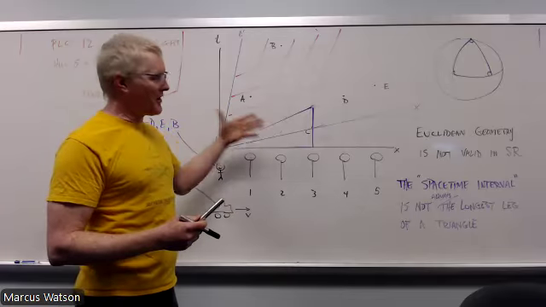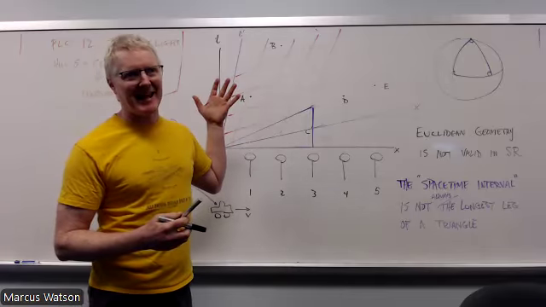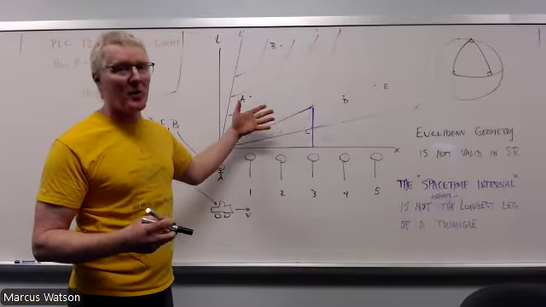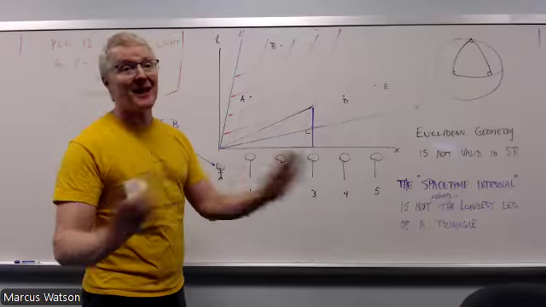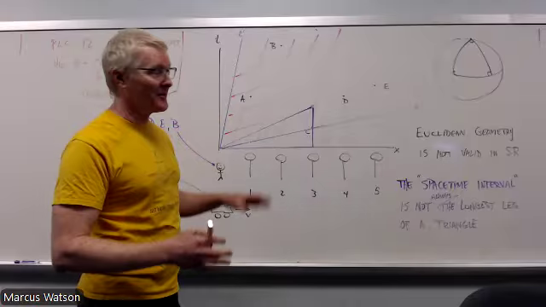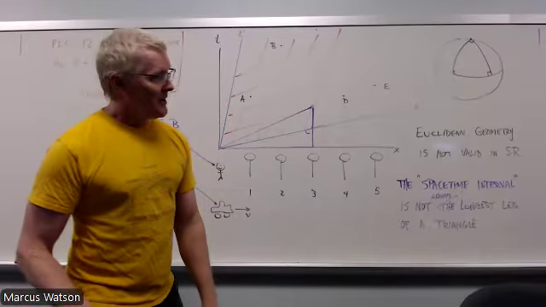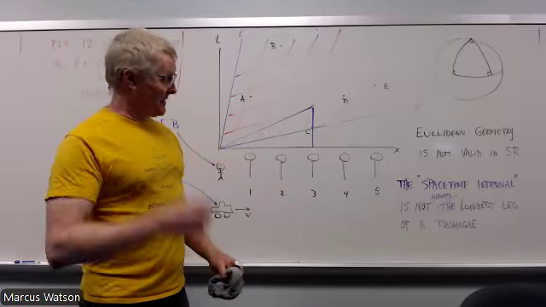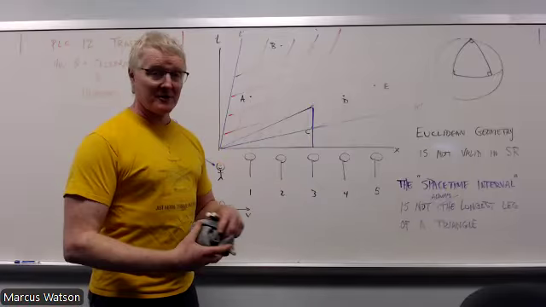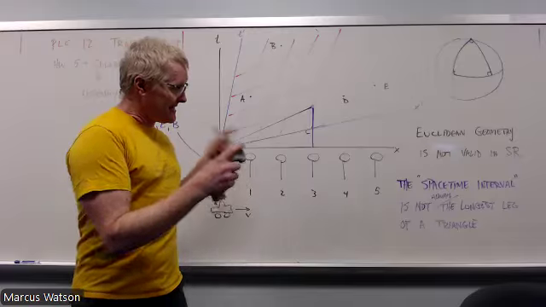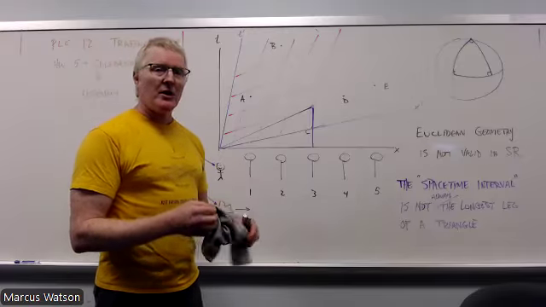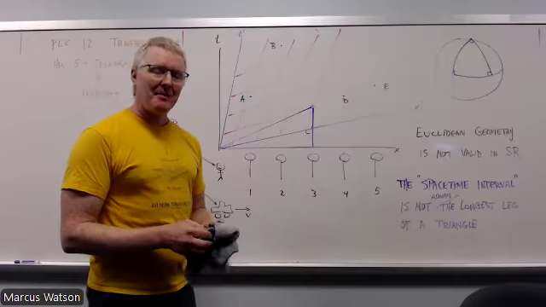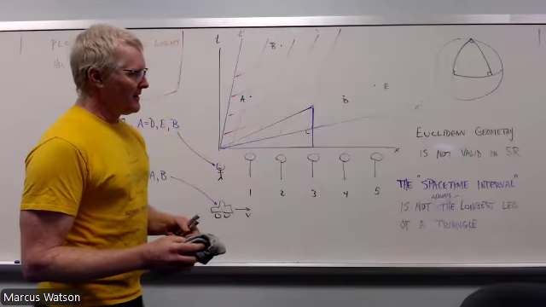Euclidean geometry fools our eyes into looking at this and thinking, oh, it's a regular triangle. It's not. So I'm just trying to let you know this. Okay, if Euclidean geometry is not valid, what is valid? Well, without going into a whole bunch of detail on what's going on here, what is valid is hyperbolic geometry.